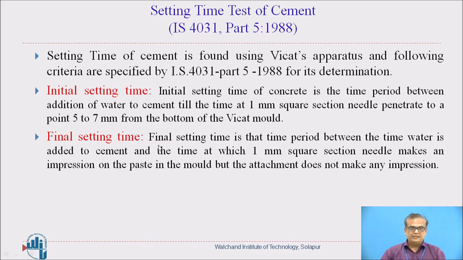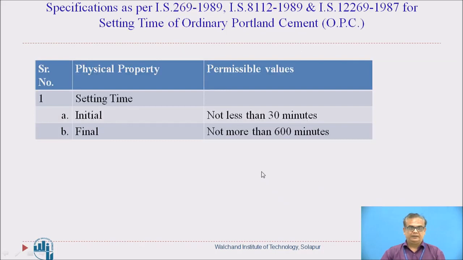Now see, for final setting time, a different needle is there in which there is a pointed part, but there is an annular attachment to this needle. The final setting time will be that time at which this needle will be able to make an impression on the paste, but the attachment will fail to do so.